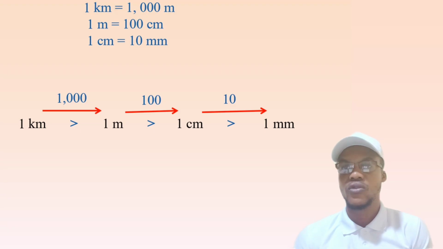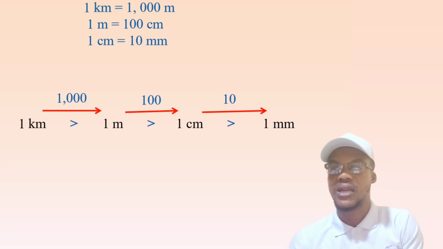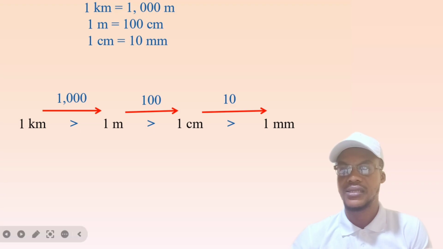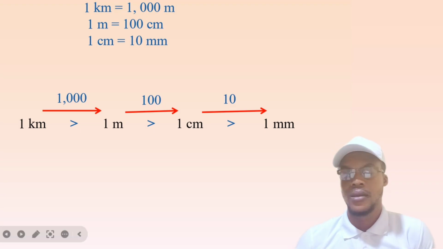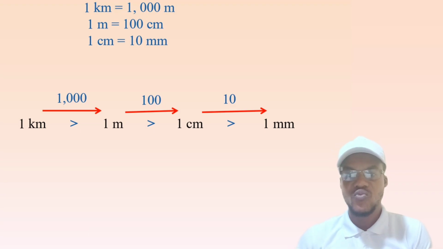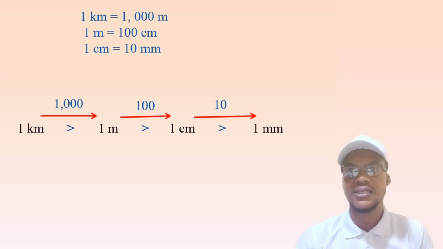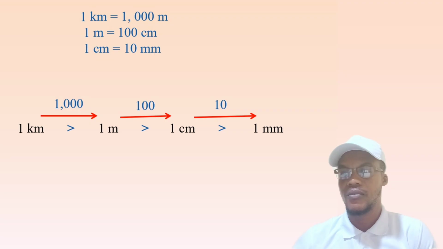Now take note that when you convert from bigger to smaller, we do multiplication. When you are converting from the biggest to the smallest, we multiply. In the same way, if we are moving from the smallest to the biggest, we divide.